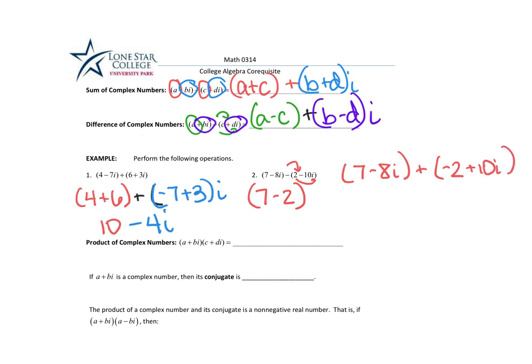And all I did was distribute the negative here. I made this negative 2, made that positive 10. So that's why I'm doing 7 minus 2. And because I distributed it, I'm going to make this a positive now, plus negative 8 plus 10, and I on the back. And so when I do this, I get 5 plus 2I.